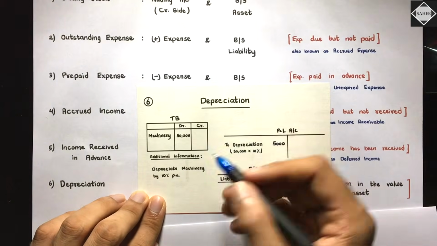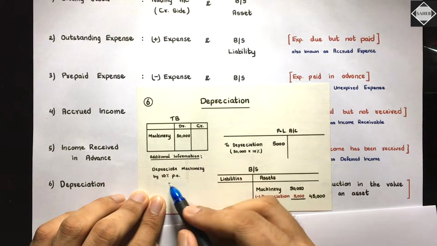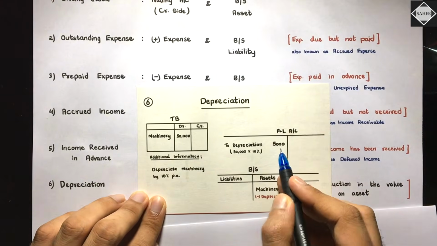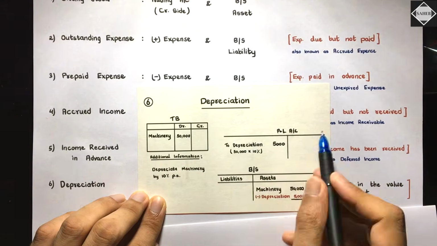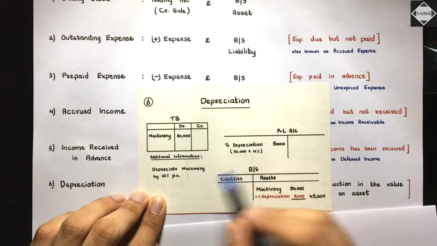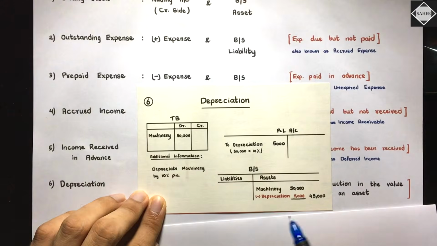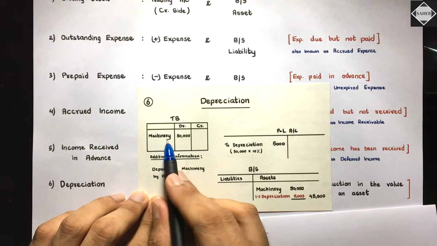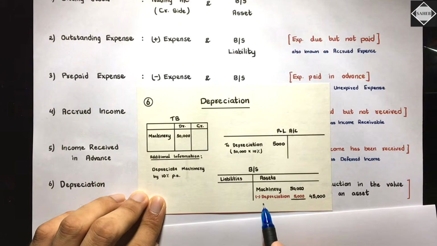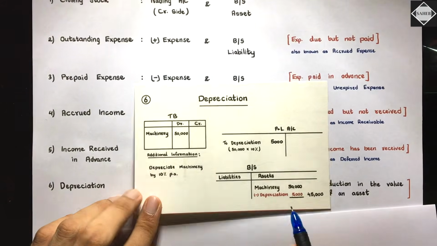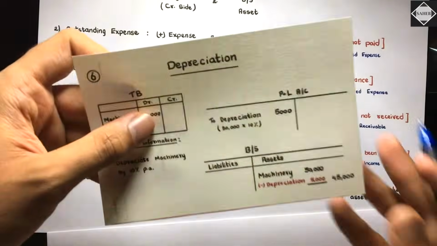Fine. So we calculate here directly only 50,000 into 10%, that is 5,000. Depreciation is an expense. We are expensing the asset. So in the P&L it will come as depreciation. Adjustment will go in two places. The second place is here. In the trial balance, machinery asset came in the asset only one place, 50,000. Here you will show the depreciation as a deduction also, minus depreciation 5,000.